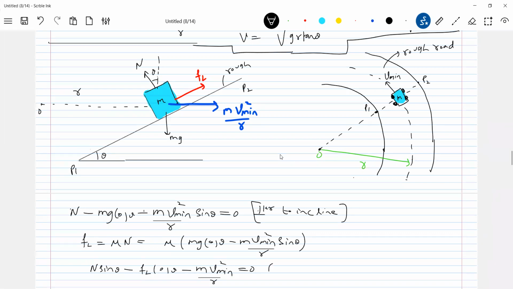Who is writing in the rotating frame? Or with respect to the point, better. That will be easy for you, with respect to O.